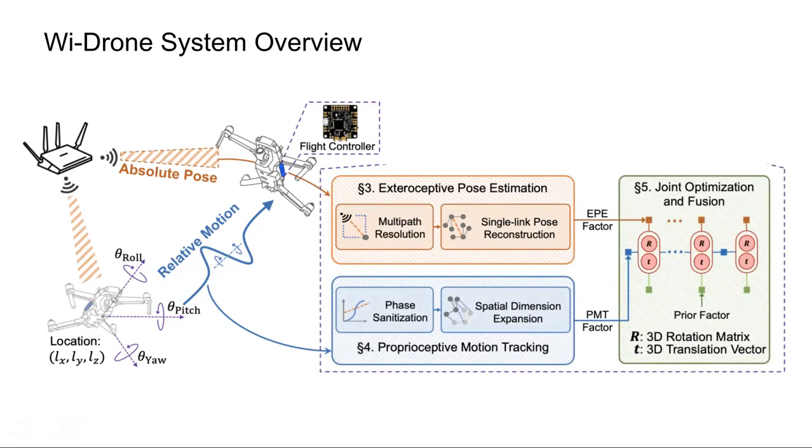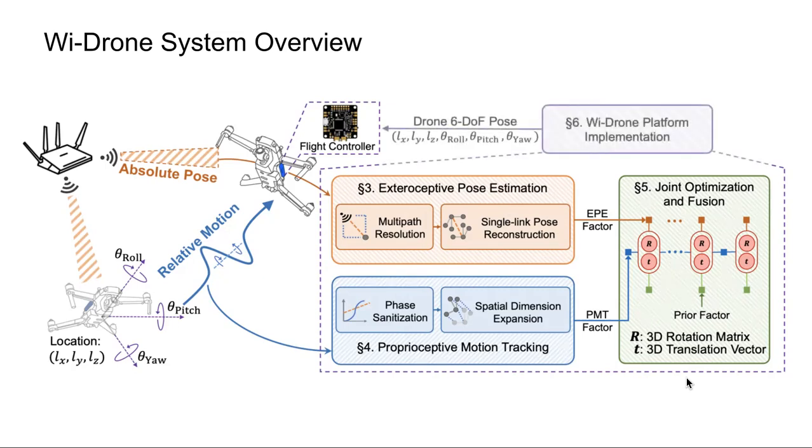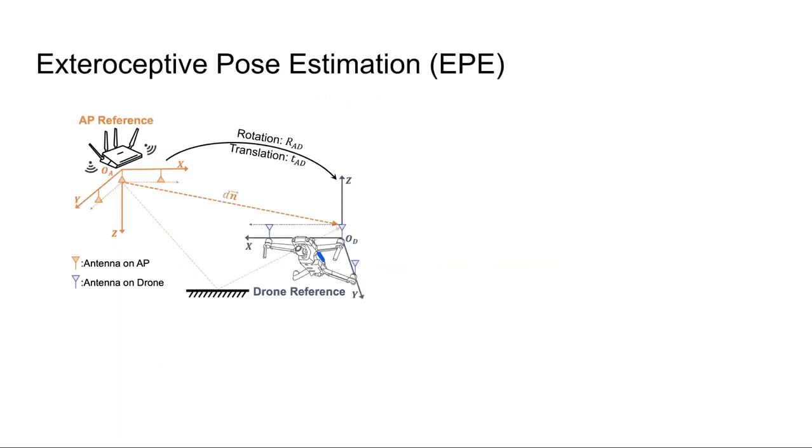To fuse them, there is a joint optimization and fusion component, to fuse the 3D rotation and 3D translation vectors and matrices so that they can have better control, and send control signals to the drone in terms of 3D location, rotation and translation. Let's look at the exteroceptive pose estimation.